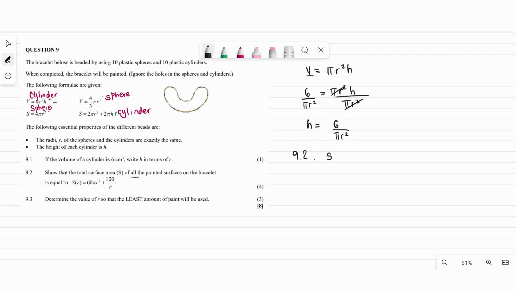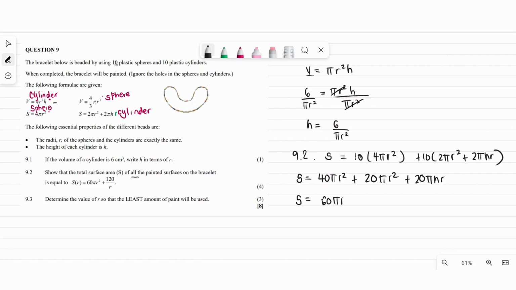Remember, we have 10 of the sphere, so we need to take 10 of the sphere's surface area, which is going to be 4 pi r squared, plus 10 of the cylinder, which is 2 pi r squared plus 2 pi h r, right? Distribute the 10, so it's going to give me 40 pi r squared plus 20 pi r squared plus 20 pi h r, right?